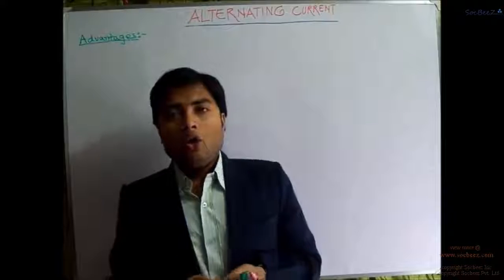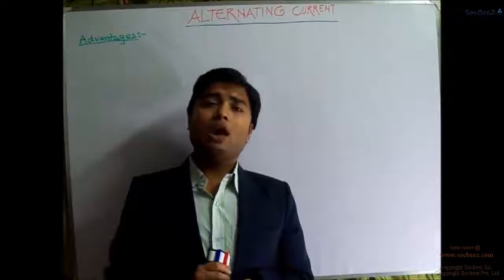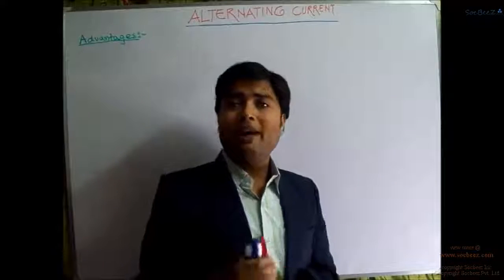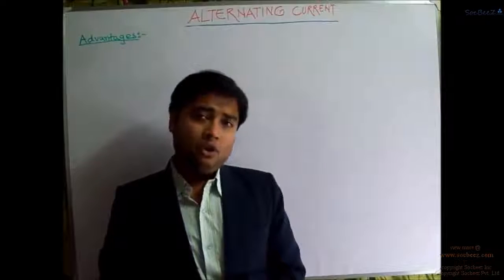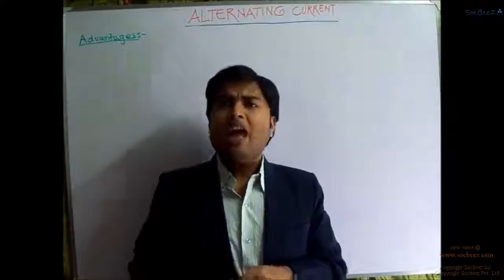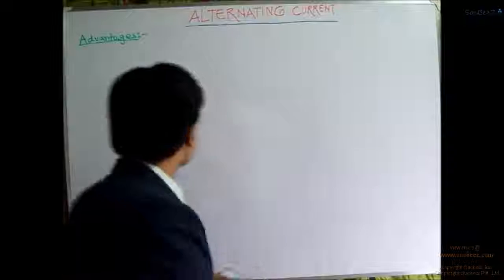Now, as we know, this alternating current has the formula of angular frequency omega, where omega equals 2 pi f. We know that this alternating current is available in a wide range of voltages, right?